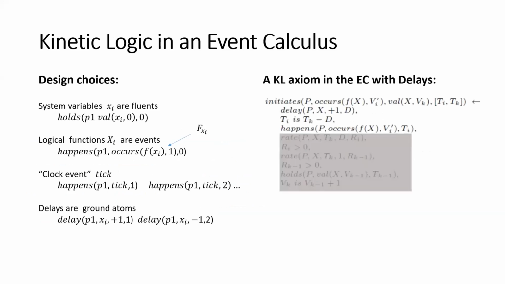And then the logical functions are events that happen, which we represent by the functional term f of xi, which really stands for capital F of xi. There's also a clock tick, which keeps happening every time instant. And we write these kinetic logic axioms, which involve some delay predicate, and some happens, in other words, some event happens. The P over here is pathways, biological pathways. So there are different biological pathways and behaviors along those pathways. The rest of it is slightly unimportant, but roughly this is what a kinetic logic axiom looks like.